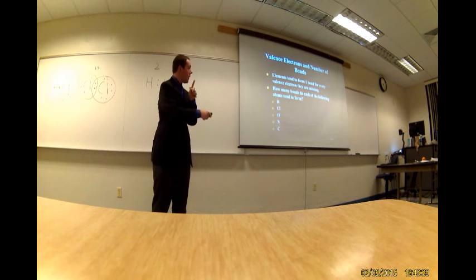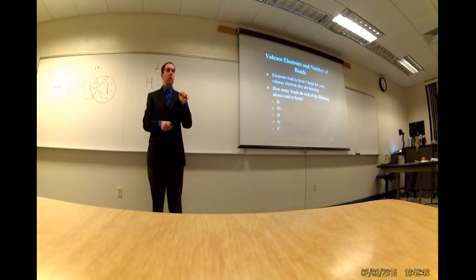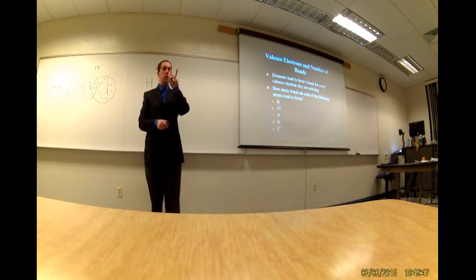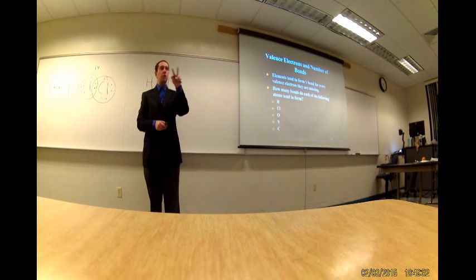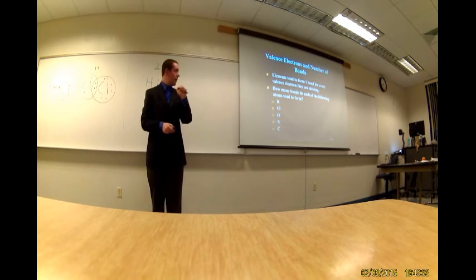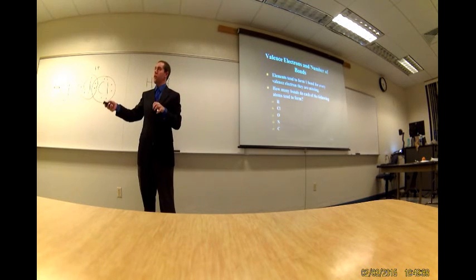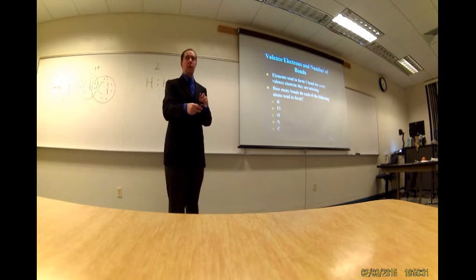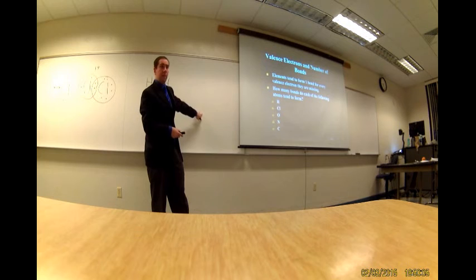What about oxygen? What charge does oxygen form? 2 minus, so it wants to gain 2, so it forms 2 bonds. That can either be 1 double bond or 2 single bonds. Nitrogen would form what charge? 3 minus, so it wants to gain 3, so it's going to form 3 bonds, which is exactly what we saw here, right?